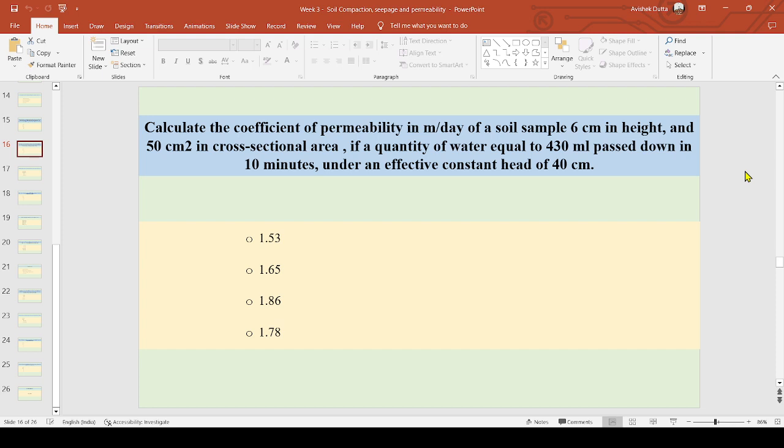Calculate the coefficient of permeability in meter per day of a soil sample 6 centimeter in height and 50 centimeter square in cross-sectional area if a quantity of water equal to 430 ml passed down in 10 minutes under an effective constant head of 40 centimeter. Your options are 1.53, 1.65, 1.86 or 1.78.